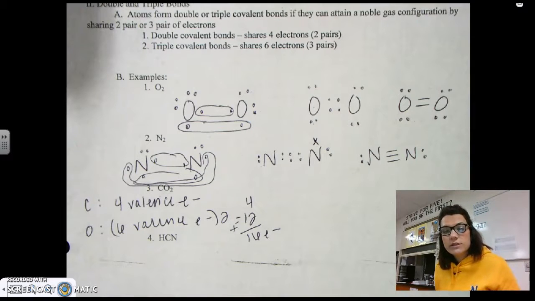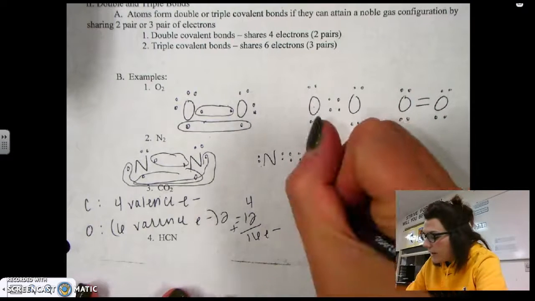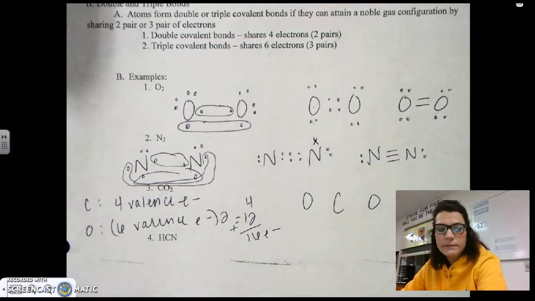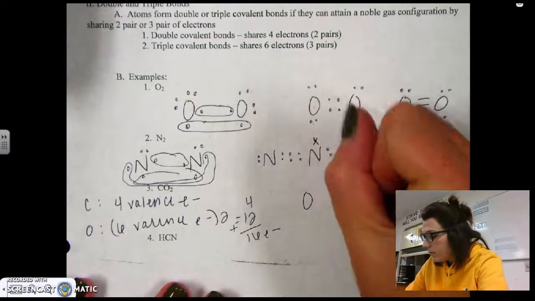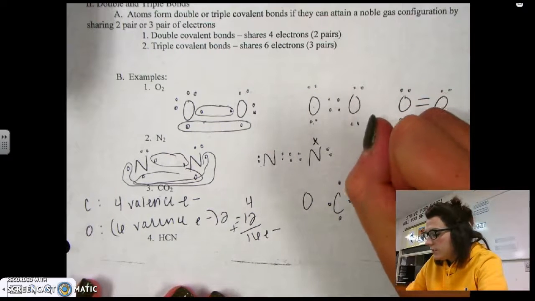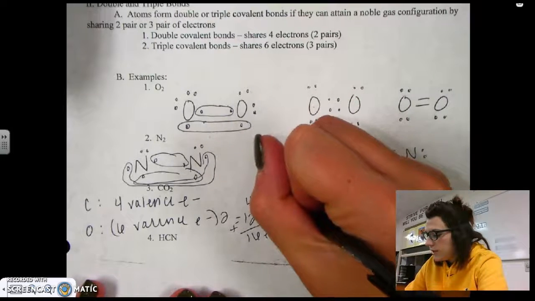Carbon's written first, okay? So that means that carbon's going to be our central atom, okay? And then I'm going to have an oxygen probably on either side of my carbon, okay? So carbon will have its 4 valence electrons, oxygen with its 6, and this oxygen with its 6.